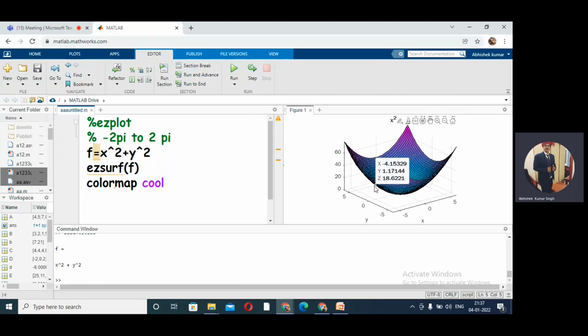No x limit, no y limit, nothing. Just you define the surface equation. Fine. So this is your EZ surf. So EZ plot and EZ surf are similar commands. We are not using the x domain and y domain. Fine. Okay. So this was the basics.